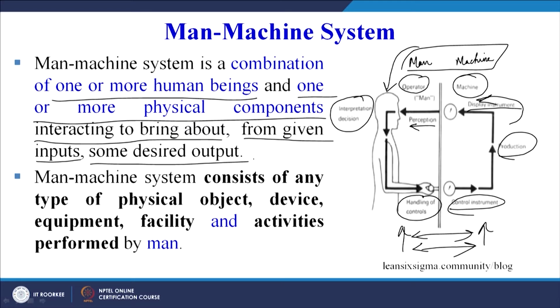So suppose this is the input and this is the output that we desire. In between we have a system in which there is man as well as machine. Both of them interact to convert a certain set of input into a certain set of output. So that is the basic meaning.